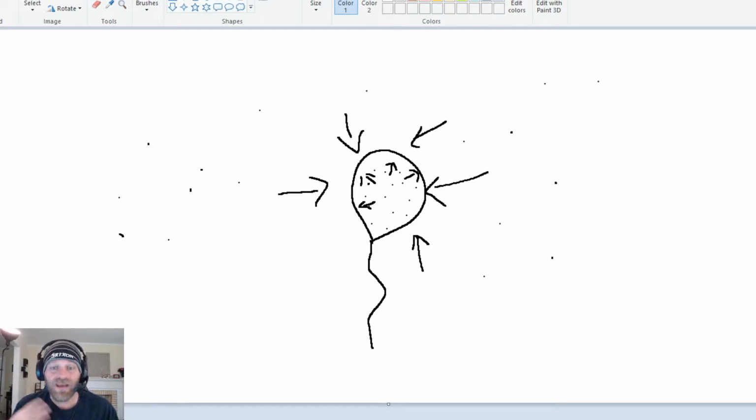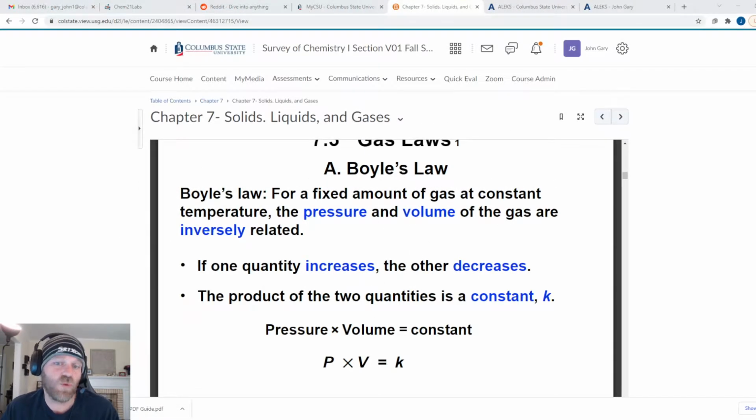So, now we have these gas laws. Gas laws tell us what to expect when we adjust the temperature or the pressure or the volume or the moles of any of these enclosed systems. I like to think about the balloon because it's enclosed, but you can also think about the atmosphere, right? The atmosphere has gas pressure all around you at all times.